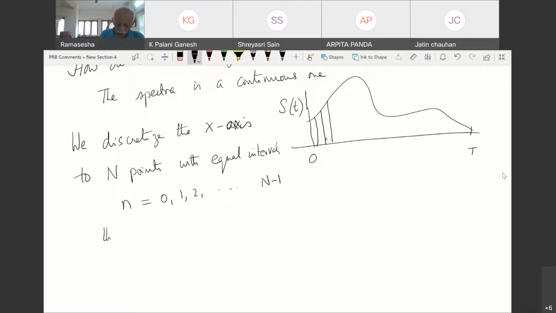The interval is delta. So we have t_n equal to n upon capital N. So the signal at the time t_n is n times delta, one interval.